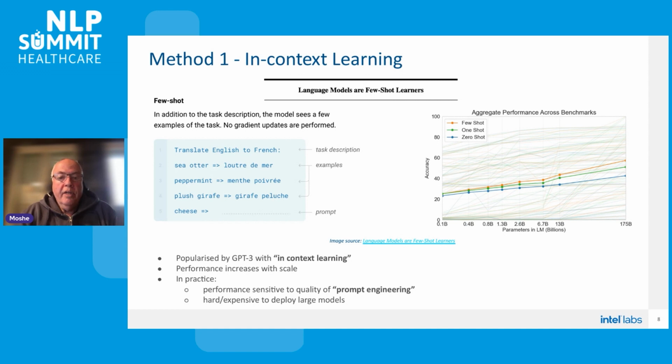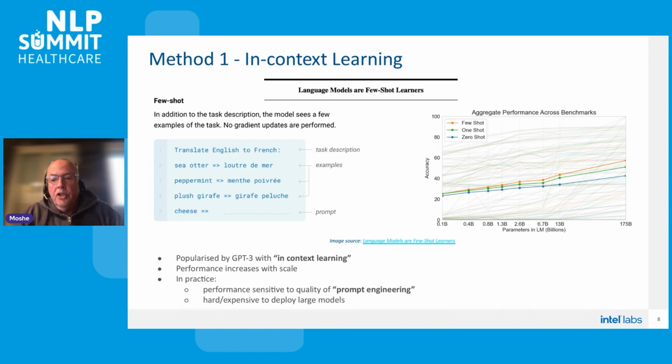This is a non-trivial gain, but of course, this gain comes with a cost. So the main two challenges of in-context learning are that, first of all, we need to come up with a good task description and some good examples. And this usually is quite critical in terms of the performance, and it of course depends on the choice of those prompts.